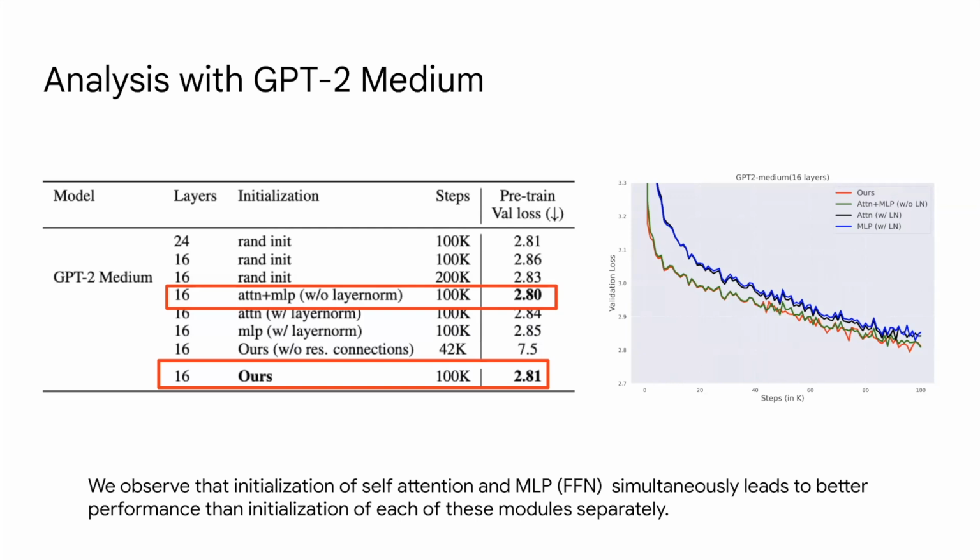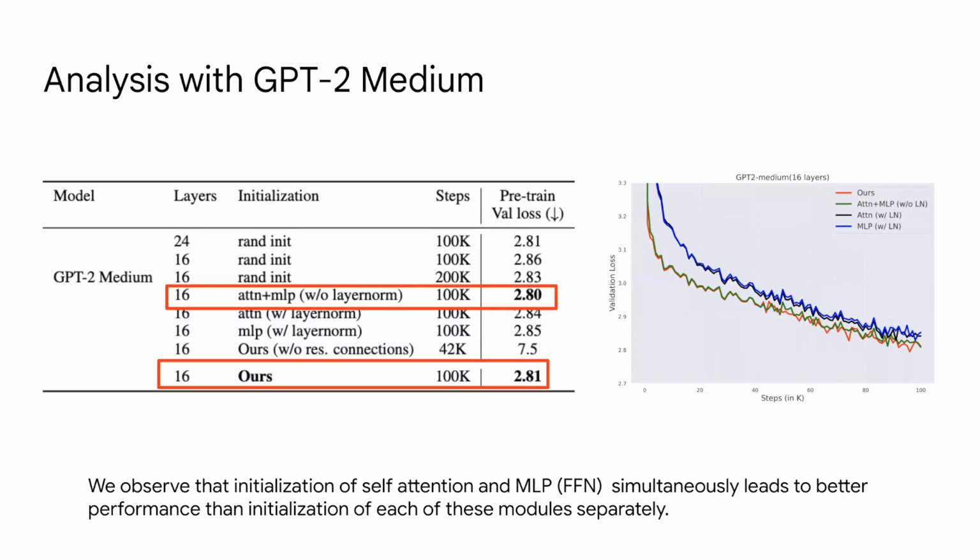So very quickly, one super interesting insight. If you want to initialize modules of your transformer block, you should always initialize the attention along with the feed forward network, attention plus MLP. As you see, we have initialized many different sub-modules of a transformer block: the attention module, the MLP module, and the attention module with the MLP module without the layer norm, because layer norm is parameterized.